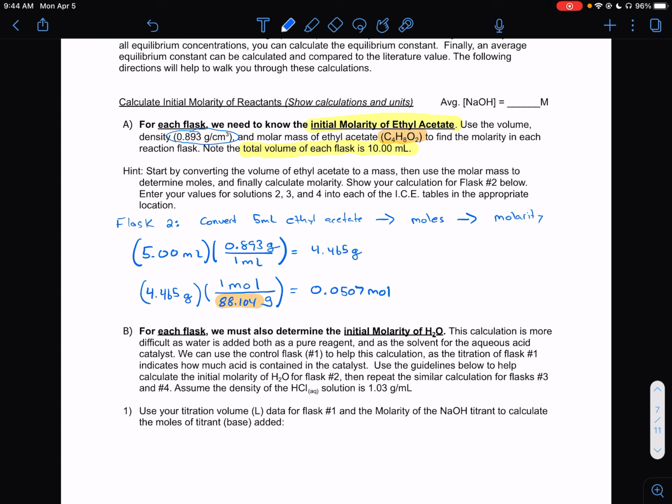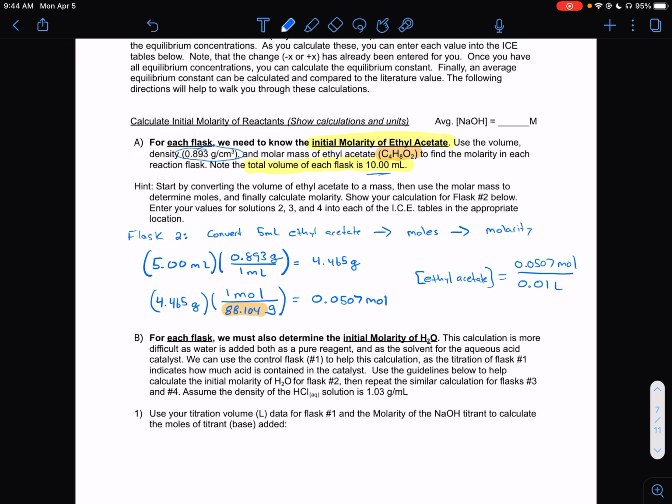Again, what we're looking for is the concentration of ethyl acetate. That's going to be equal to our moles, 0.0507 moles, over our volume, which is 10 milliliters, converted to liters, 0.01 liters.